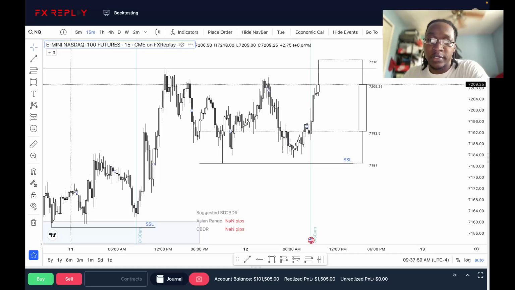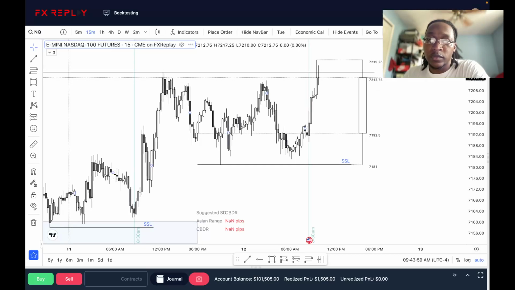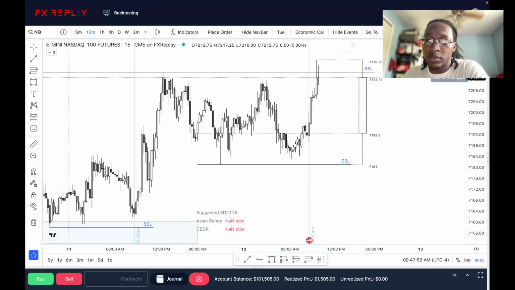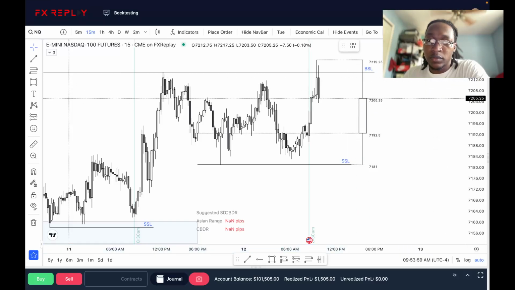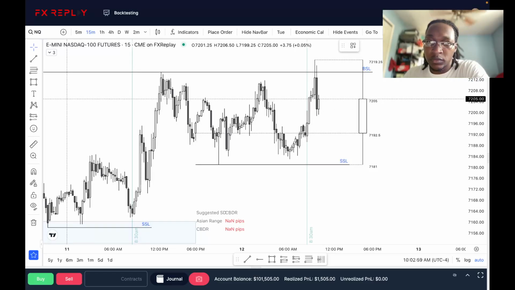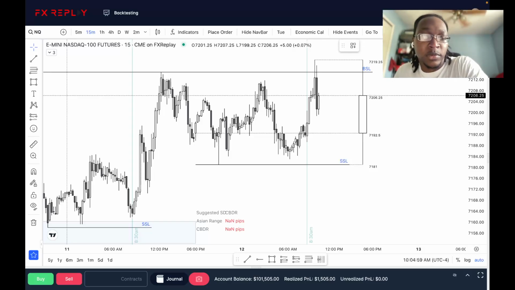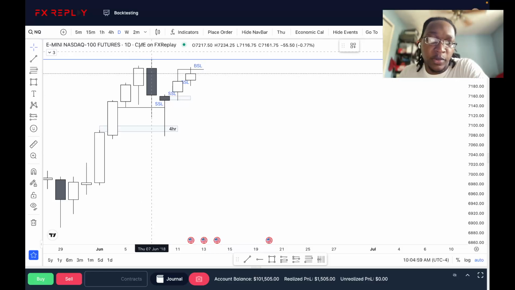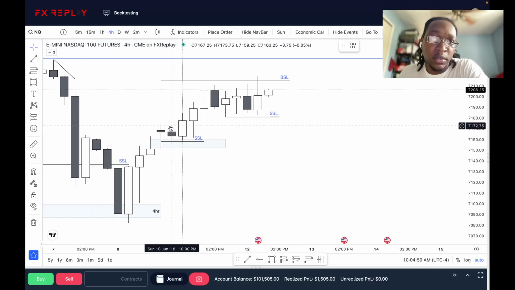Yeah, 9:30 runs the high, buy side liquidity, taps this fair value gap here. Again, this is another situation where we're near buy side liquidity, but we have some sell side generated.